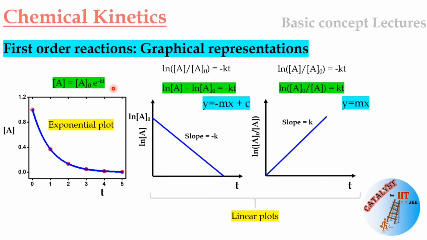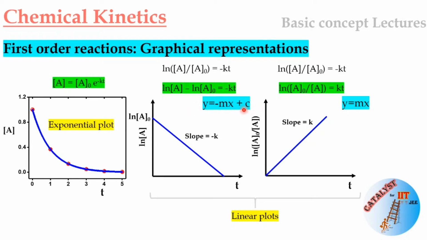So what you can do is start with the ln form. ln A by A naught equal to minus kt. You can write it like this: ln A minus ln A naught equal to minus kt. Now if you plot ln A versus t, that becomes your y equal to minus mx plus c equation.